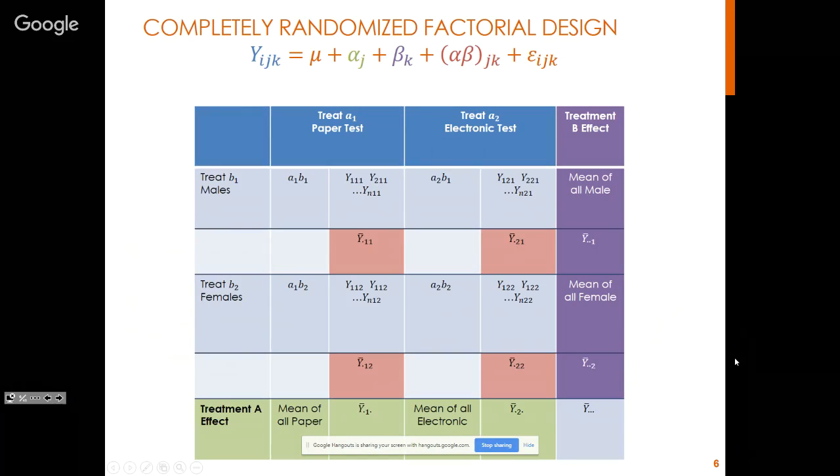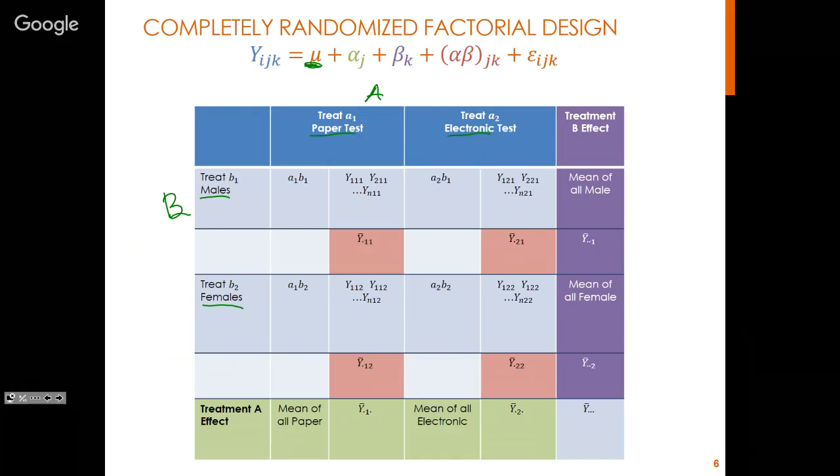So up here, when we are trying to understand what is mu in terms of the grand mean, this is the table that we saw last time, where we have treatment A, which is the format of the test, and treatment B, which is gender, male or female.